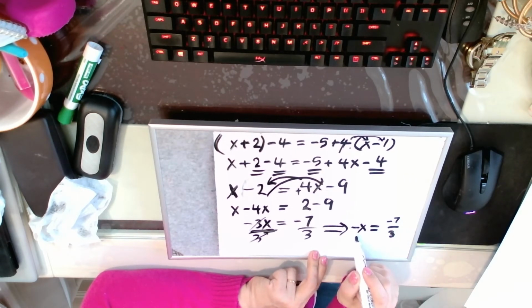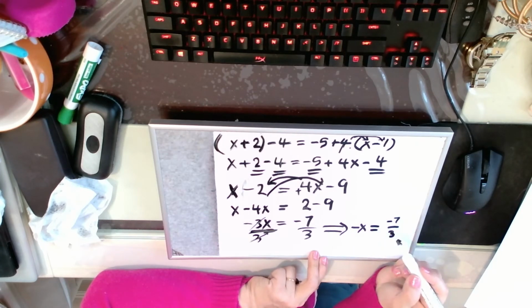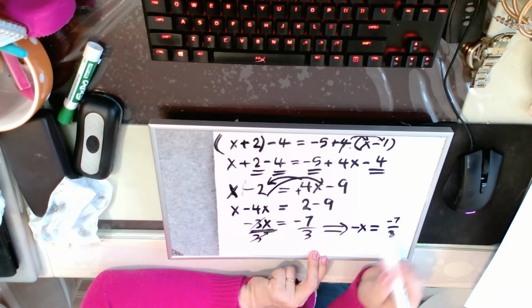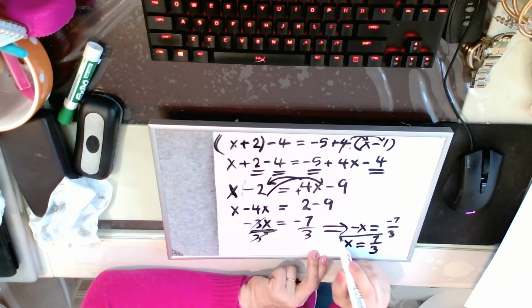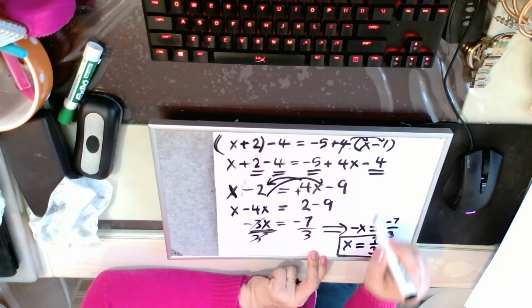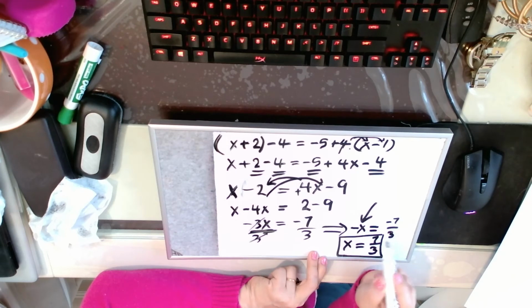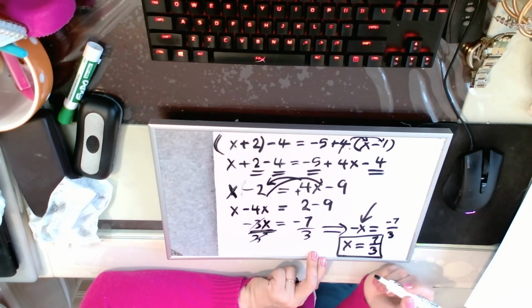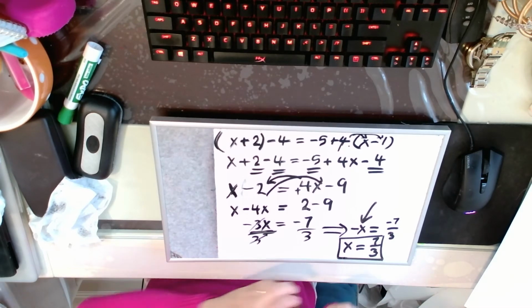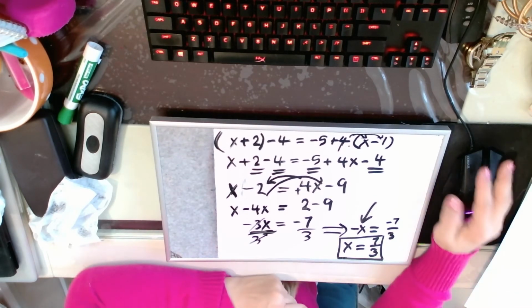So minus x, you can just divide it by minus. It's going to be x equals 7 over 3. Because we don't need the value of minus x, we need the value of x. So just divide it by minus 1. Okay, so it's going to be x. That's it.